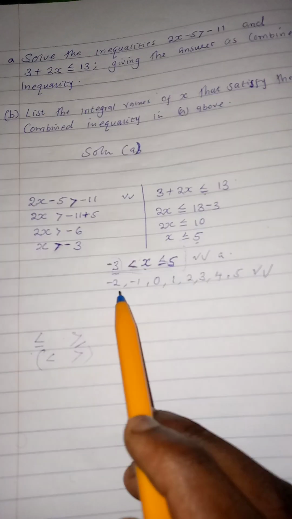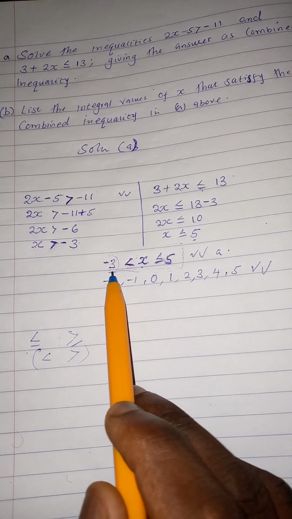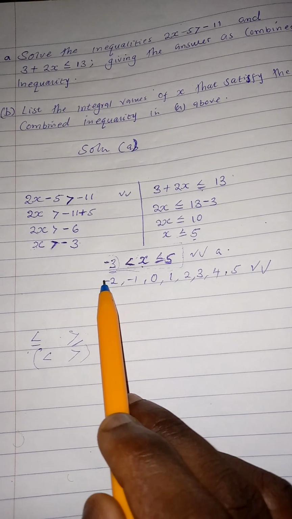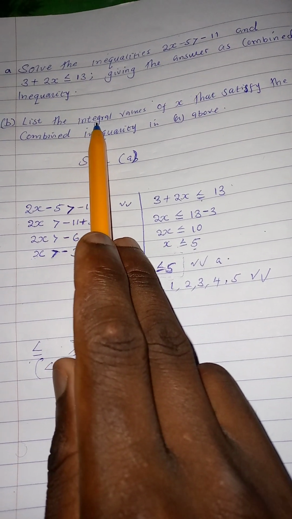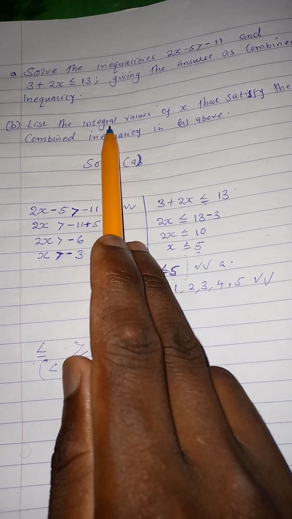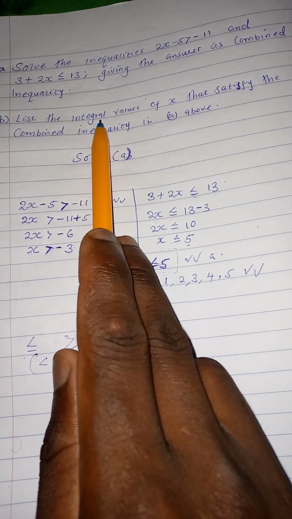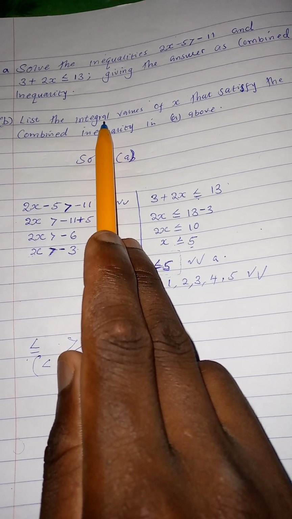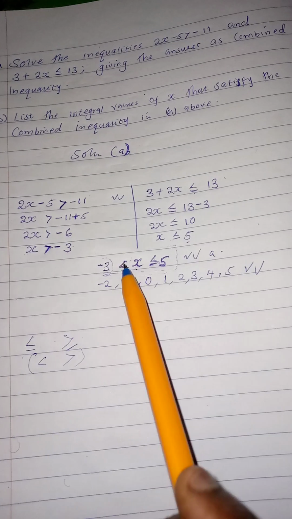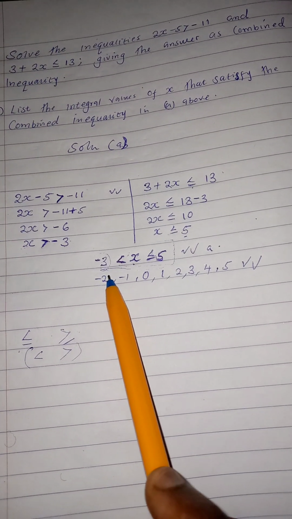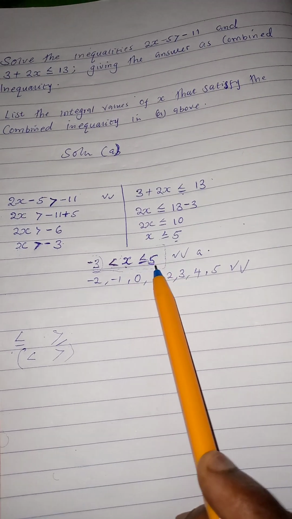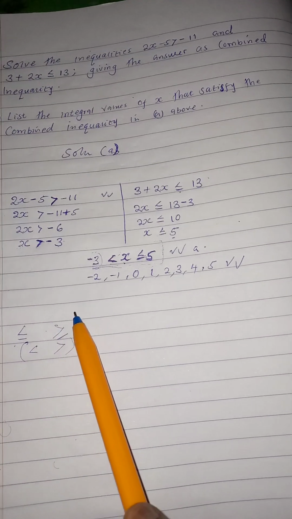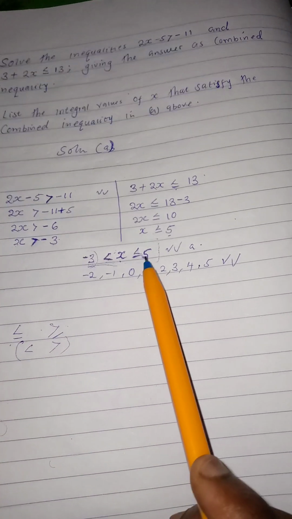So we take the number that is above negative 3, which starts with negative 2, and mind you it's an integer because we have been told integral value. Integral comes from the word integer, and an integer is either a positive or negative whole number. Then looking at this sign, our 5 is included.